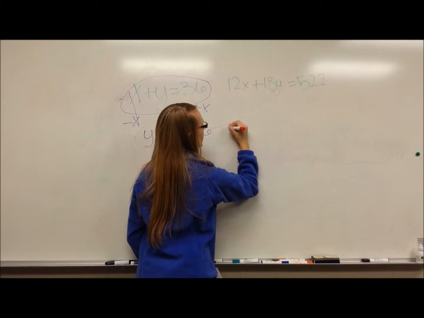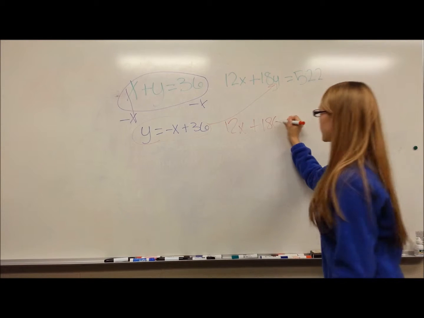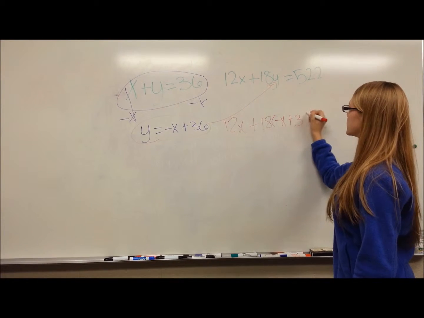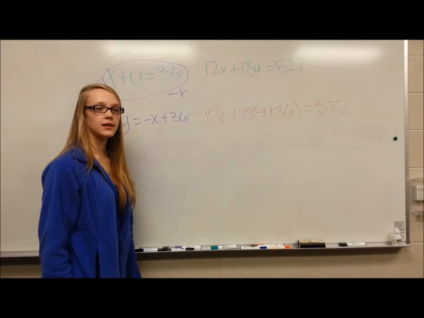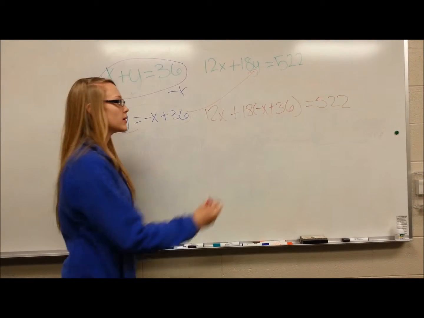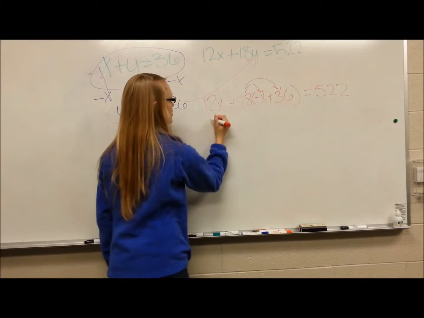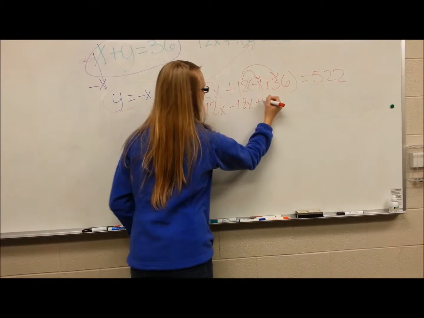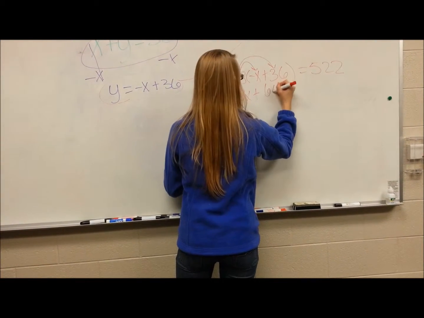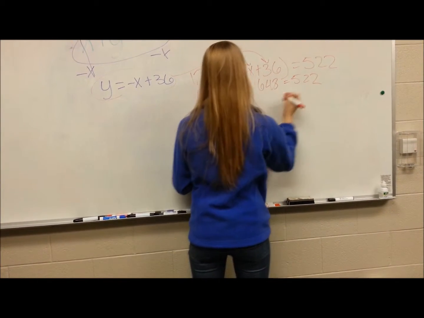So you get 12x plus 18 times negative x plus 36 equals 522. Now you have to distribute the 18 with the negative x and 18 with 36. So you get 12x minus 18x plus 648 equals 522.